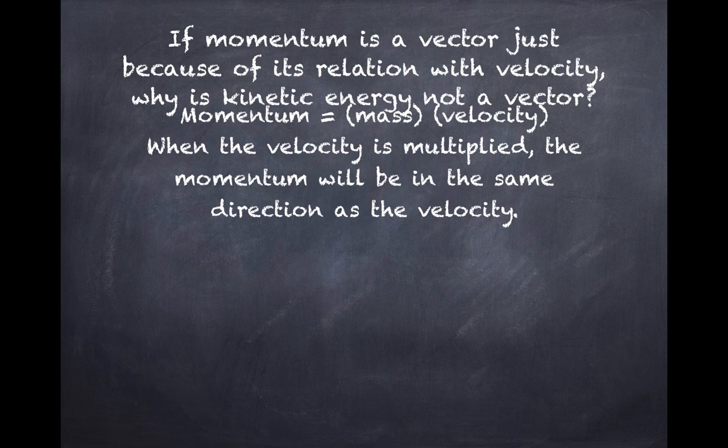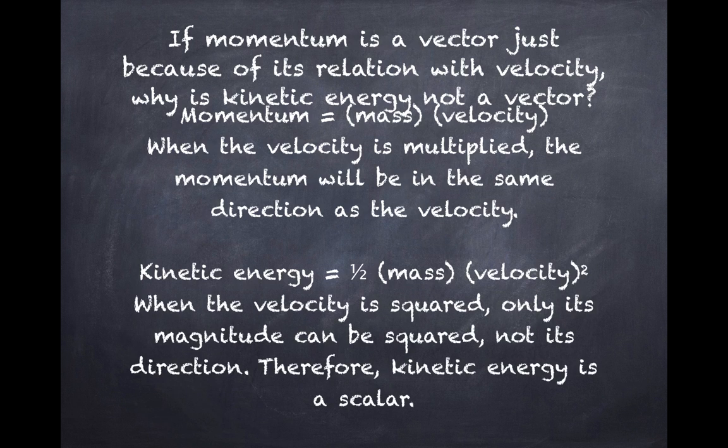Mass has a magnitude, velocity has a magnitude and direction. So I've got a magnitude multiplied by a magnitude and a direction. Magnitude multiplied by magnitude gives another new magnitude. So I have a magnitude and a direction, which basically gives you a vector. Done. So if they ask you why momentum is a vector, what are you going to write?